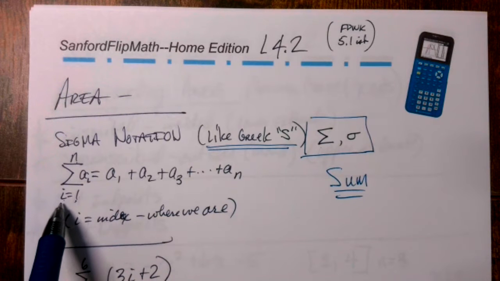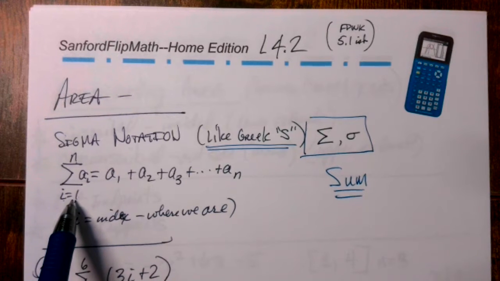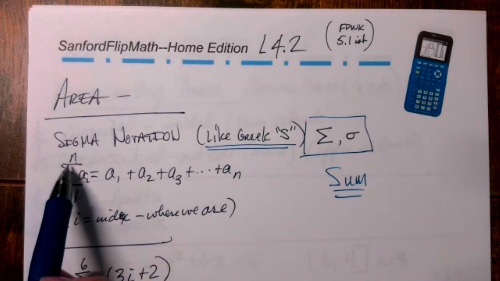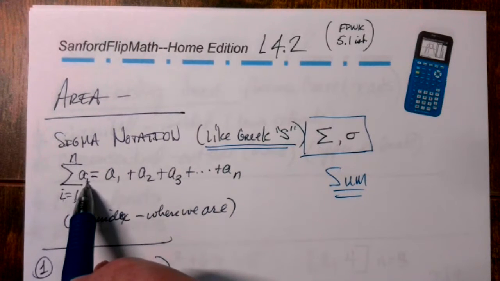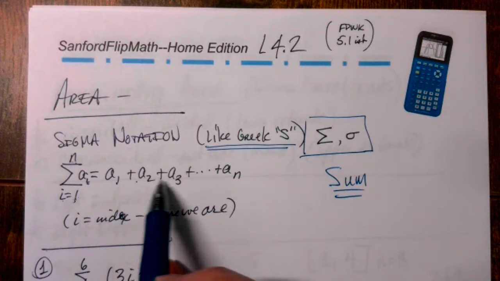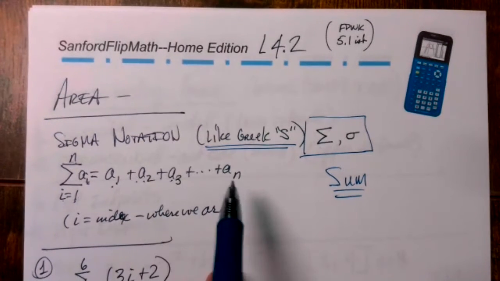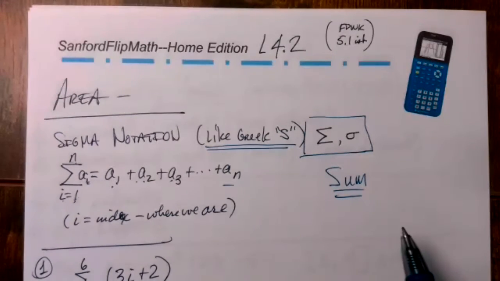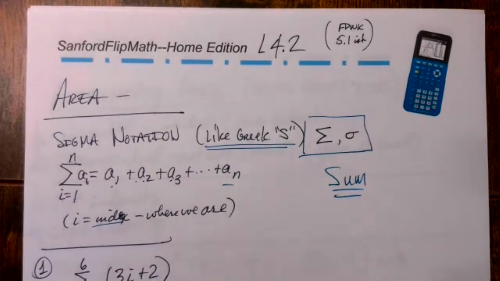And you index counting by integers, by whole numbers, from whatever this starts with to whatever number this is. So if I have a sub i, then I'm going to have a sub 1, a sub 2, a sub 3. So the first term plus the second term plus the third term plus etc. until I get to the nth term. So the index is where we are. It can also be a number that gets substituted.